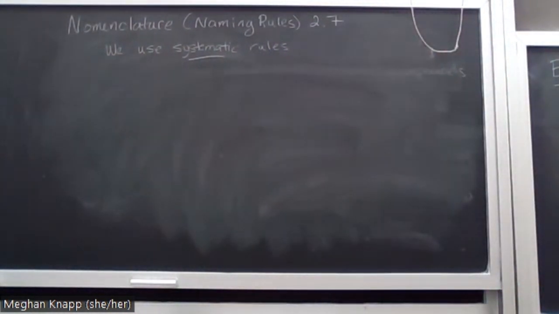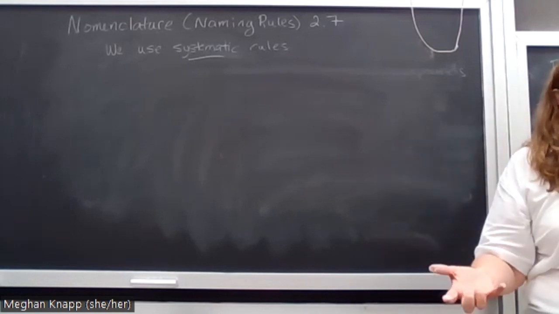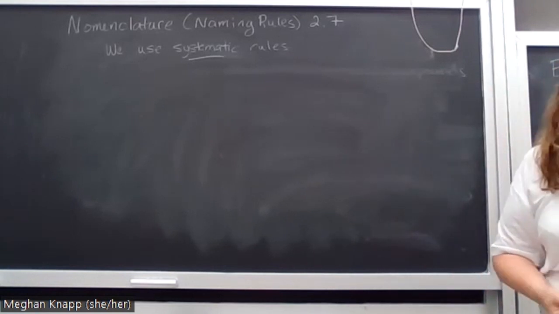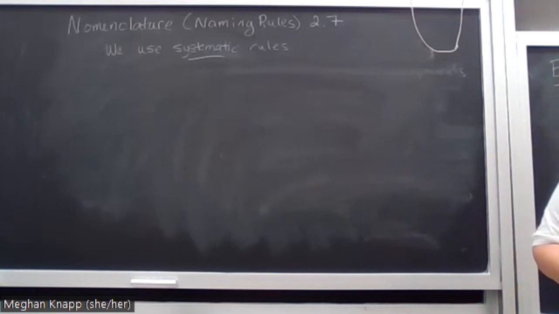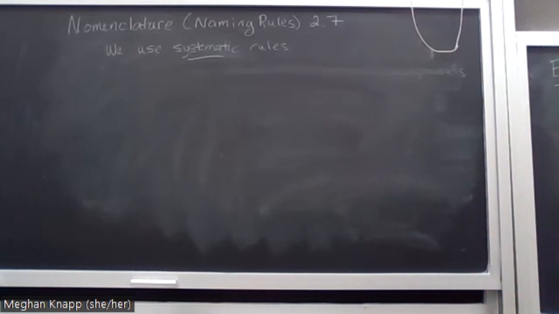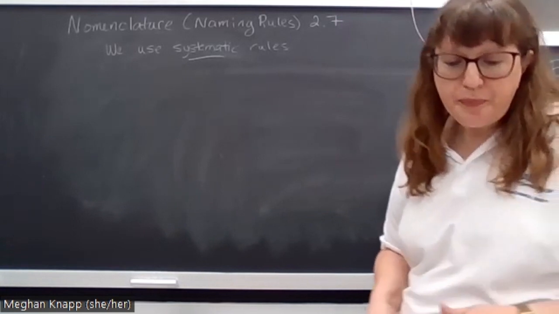Sometimes it will give you the original name when they knew a chemical, but they had no idea what the formula was. So they started calling it something, and it has nothing to do with the common naming rules. Sometimes you will hear the terms like ferric or cuprous and things like that. Those are older rules that we're not going to use. So we are going to use the standardized, internationally accepted ones because they're the ones that give us the most information about the compound that we are looking at.